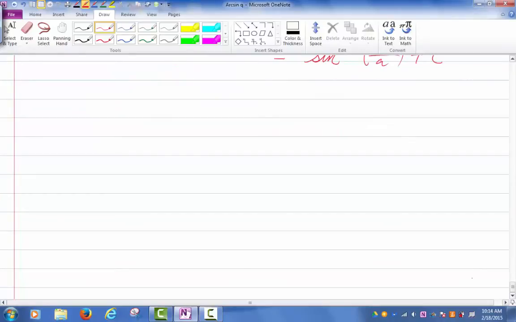And one more example that I want to go over is the integral from 0 to a fourth of the root of 1 minus 4x squared dx.